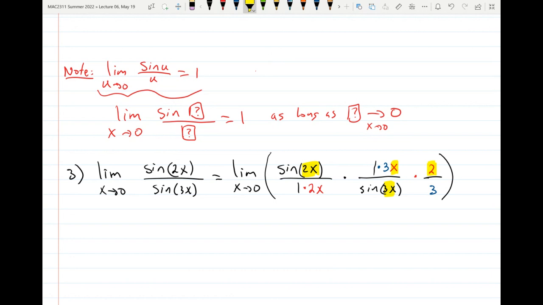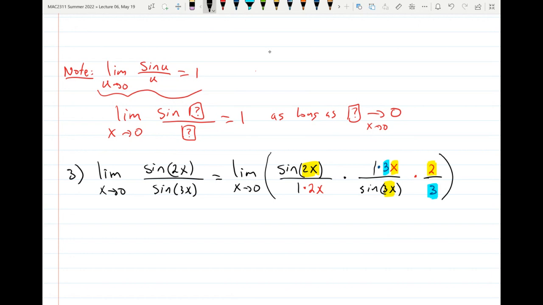I need a 3 in the top. I already have my x, right? Because of the first movement that I did. Now I need a 3. Okay, we put the 3. Here it is. Let me change the color. Here is a 3. But if you multiply by 3 there, you need to divide by 3 to compensate, right? And that's the second 3 that we have in the denominator. Now we are in business.